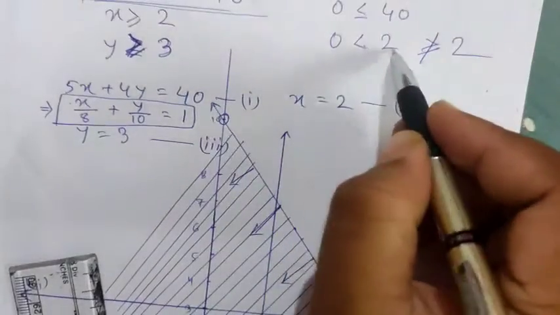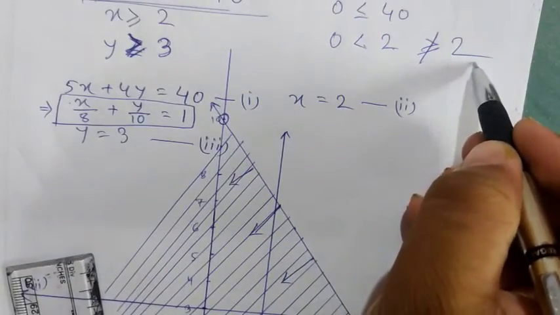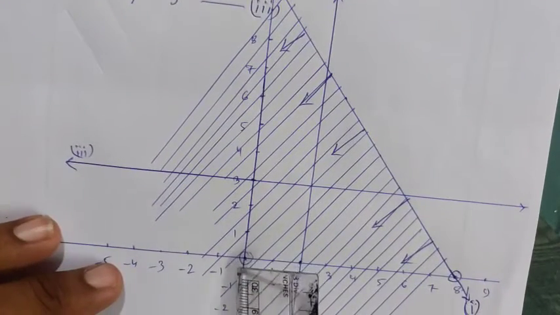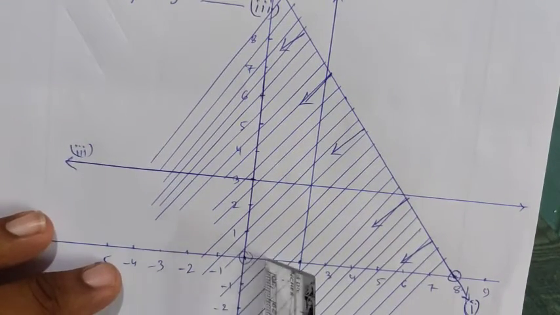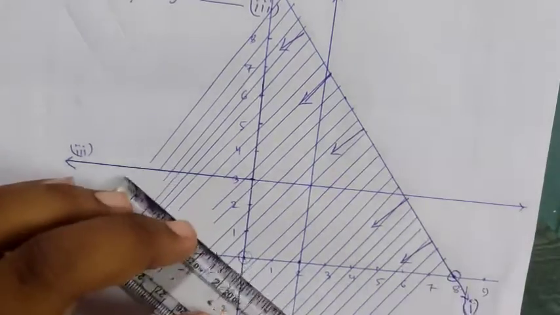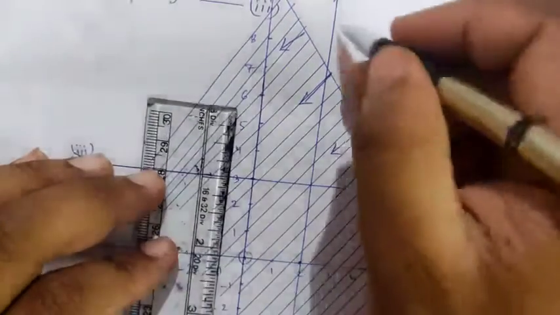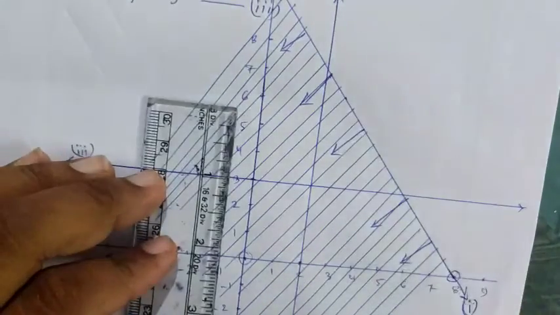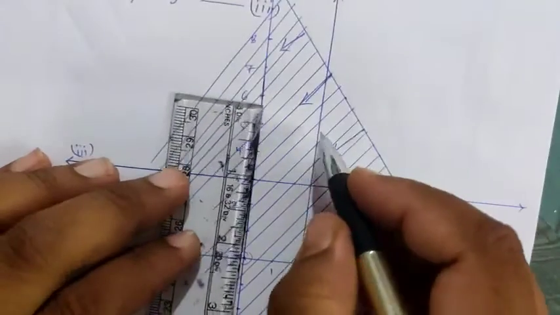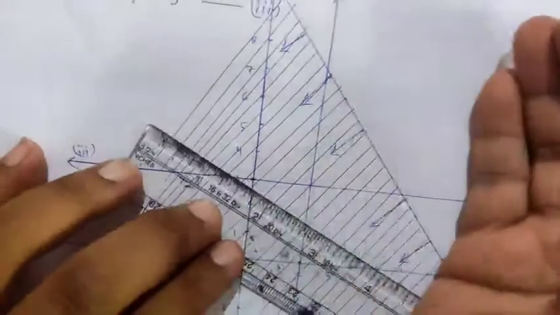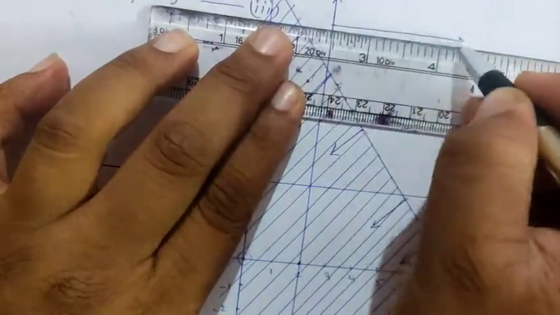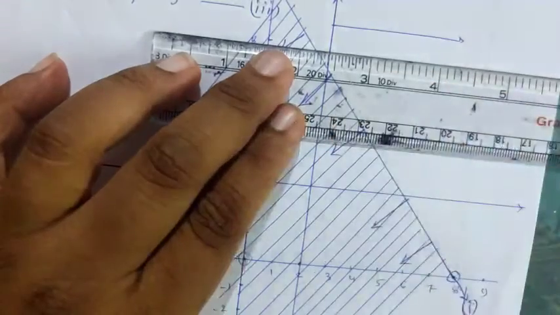That means (0, 0) should not be in the solution set of the second inequation. Equation 2 is a vertical straight line, so the right half plane will be the solution set for inequation 2.